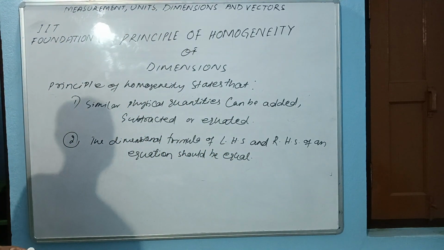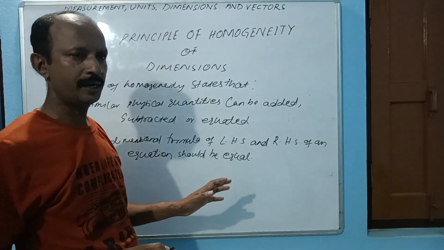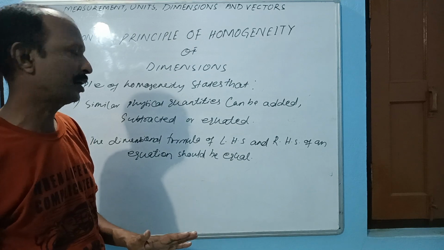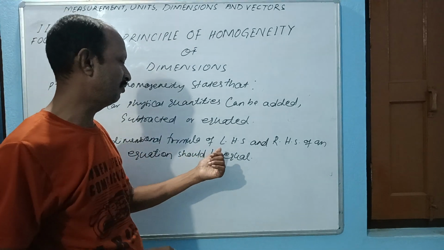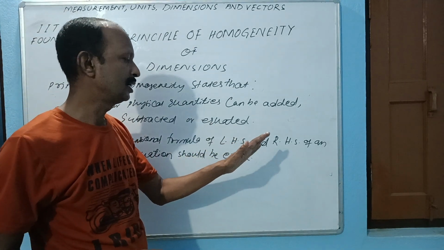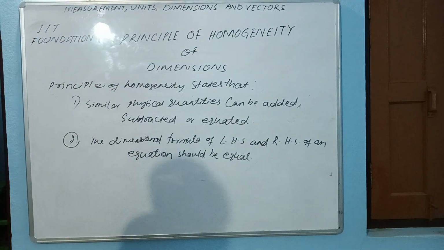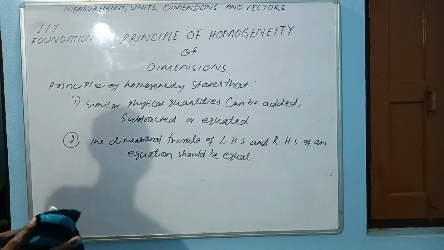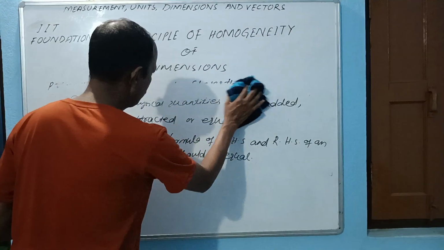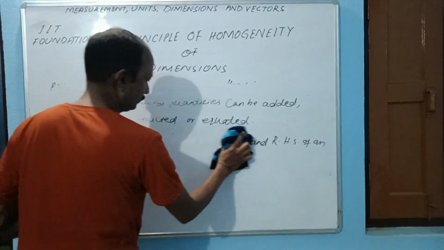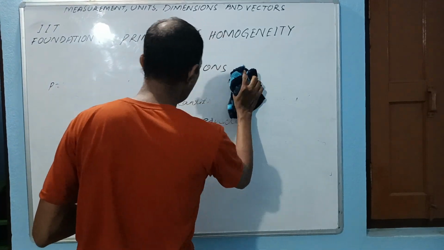Okay. Similar physical quantities can be added, subtracted, or equated. Dimensional formula of the left hand side and right hand side of an equation should be equal. Let us see an example. It will give you a clearer picture about the homogeneity.